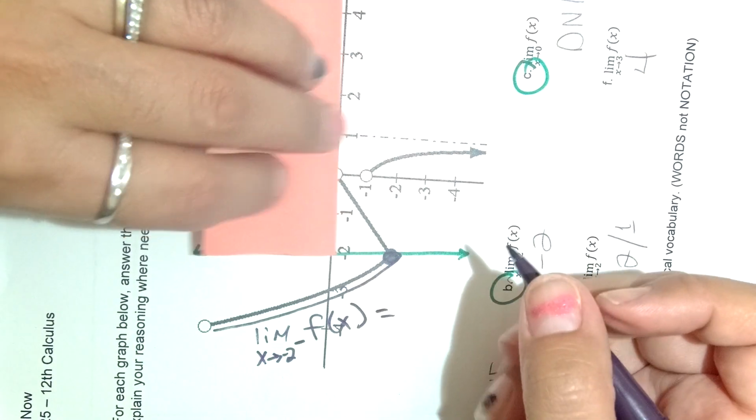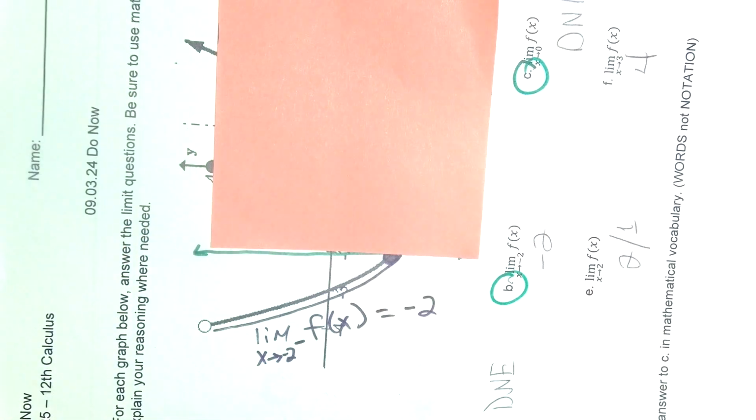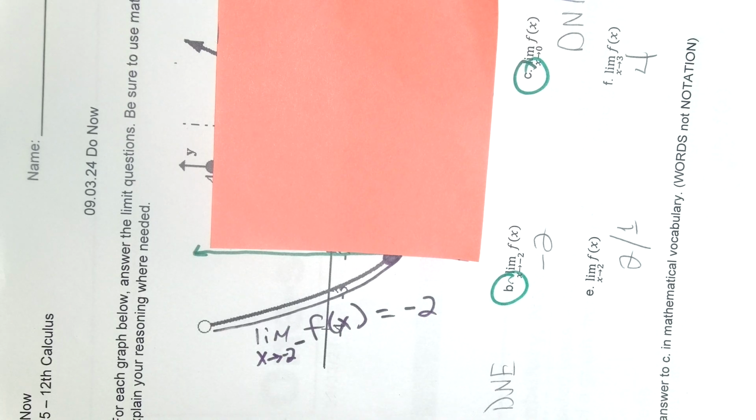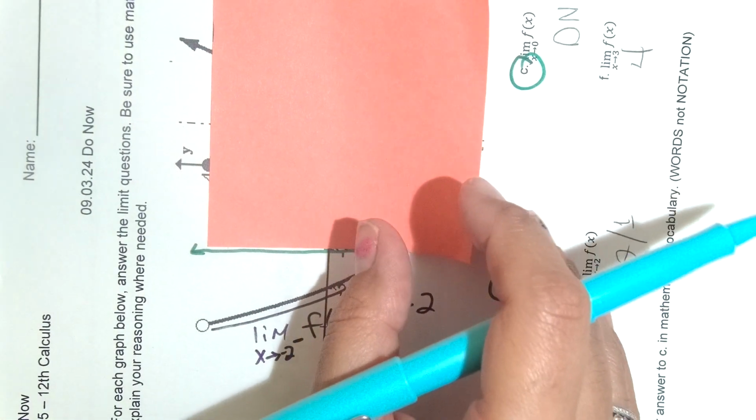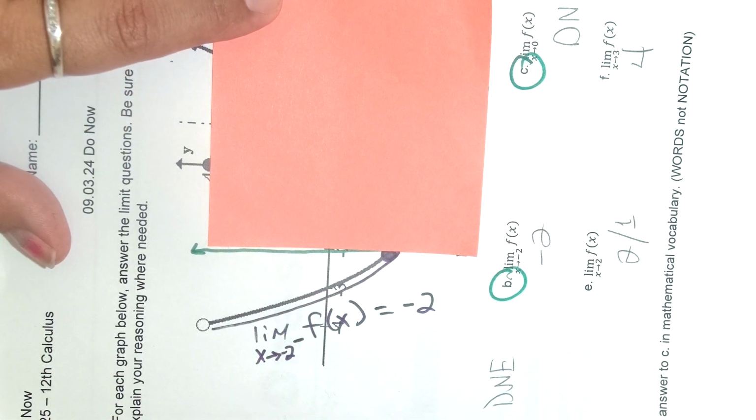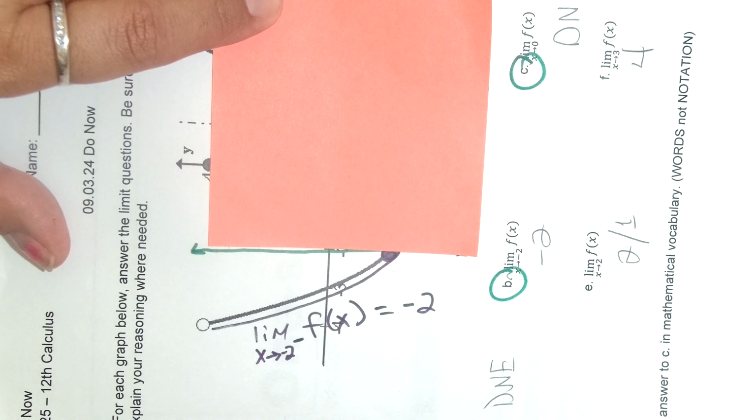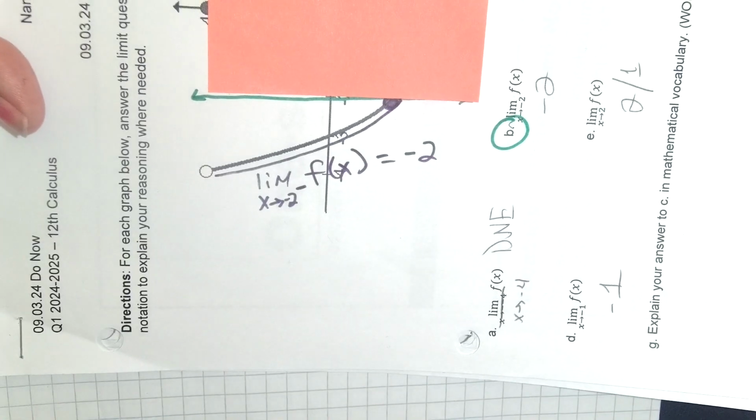And when we found this, we found that this is -2. Are there any questions on that part? No questions? Are we sure? Okay. Do I need to move it up? How's that? Is that better?